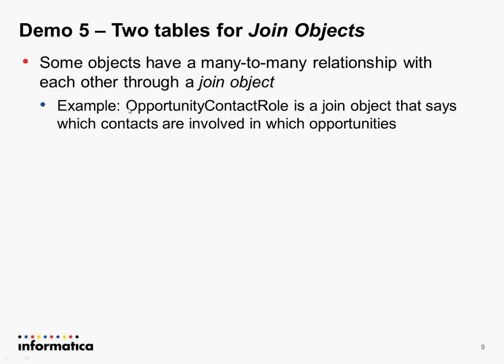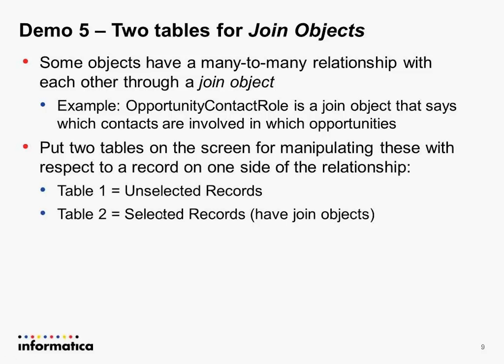An example would be an opportunity contact role, which says which contacts are involved in which opportunities. But there's a bunch of places where this pattern is used. And you can put two tables on the screen, where the first table shows unselected records, and the second table shows the selected records for the relationship.